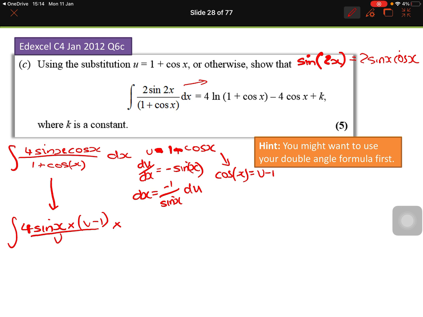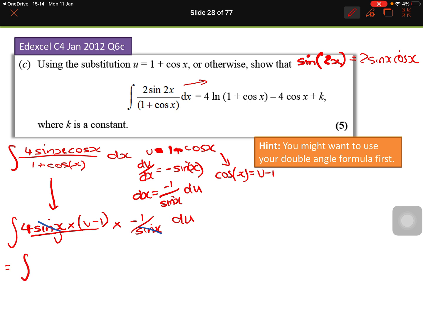Then I need to sub out my dx, which I now know is minus 1 over sine x du. Same as with the last one when we did trig functions, the sine x and the sine x before will cancel. Make sure you do not miss your negative 1 that you have to take through with you as well. So just going to simplify this out.